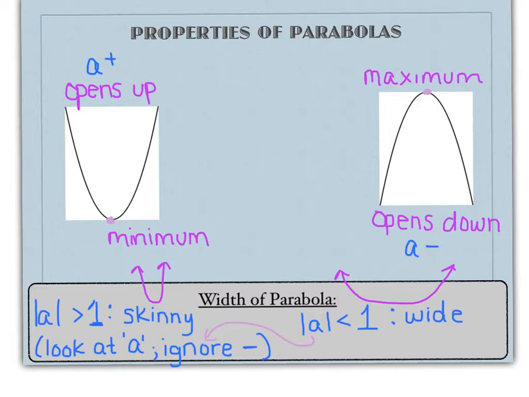One more thing to throw at you on this slide: something called the axis of symmetry. The axis of symmetry is a vertical line that runs right up and down the middle of the parabola.